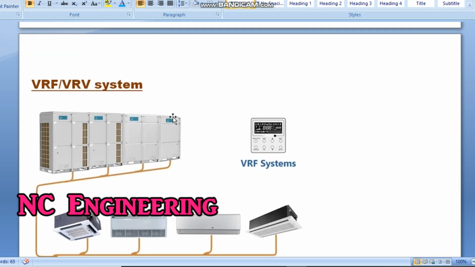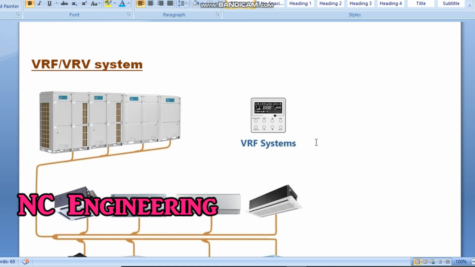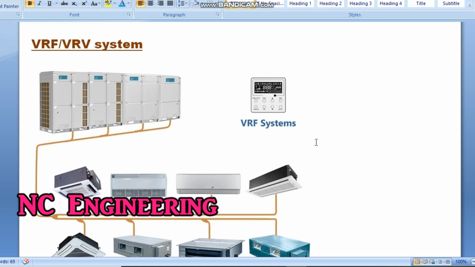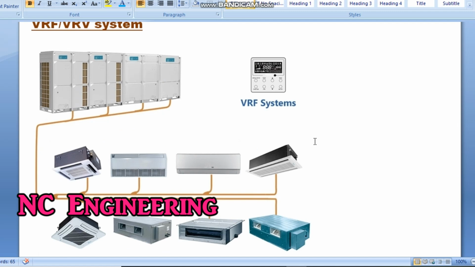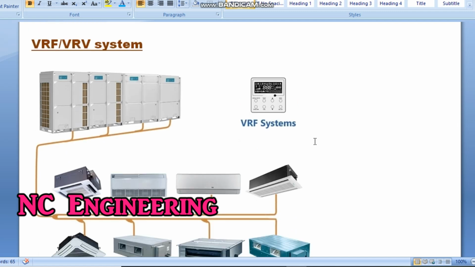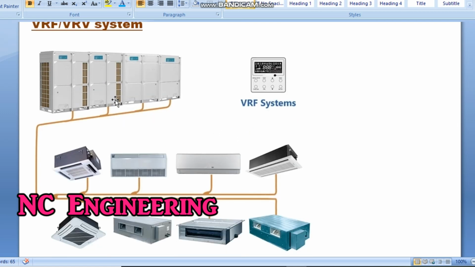Number 4, we will discuss the VRF and VRV. This is a new type in the DX system. You will see we have one circuit. We can have many circuits as per the requirement. In one circuit we have 4 outdoor units and 8 indoor units.